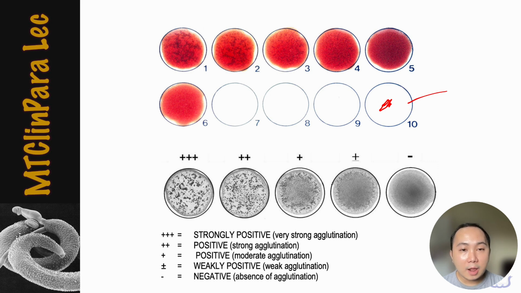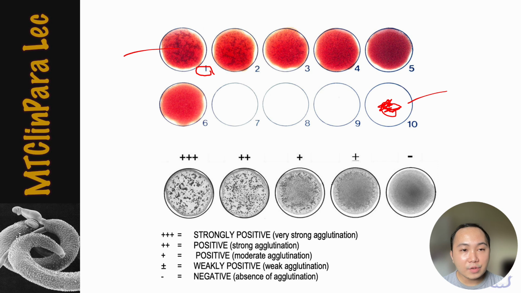Now we drop 1 blood of sample here, and then another drop of the reagent, which is usually the antigen. Now, if the serum sample of the patient contains antibodies, there will be presence of agglutination, okay? Just like here on this well 1 or sample 1.